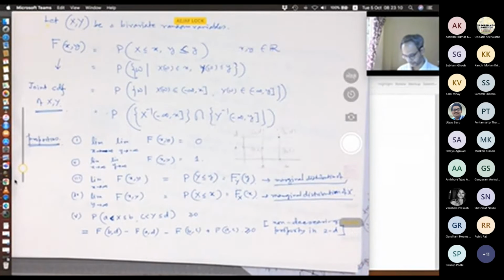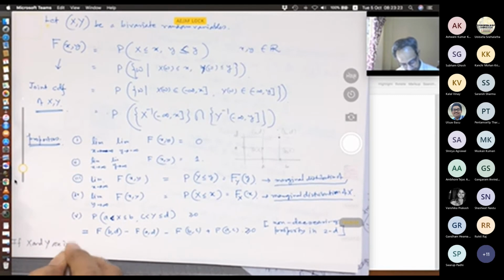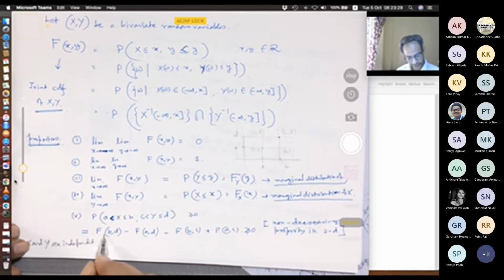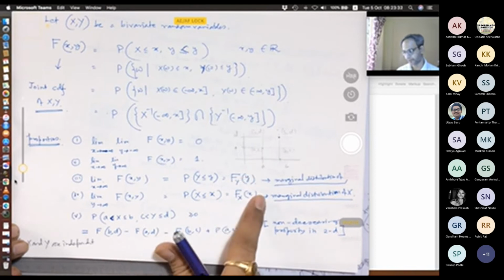Okay, now a special note: if x and y are independent, then all of them will split as a product of the marginal probabilities.